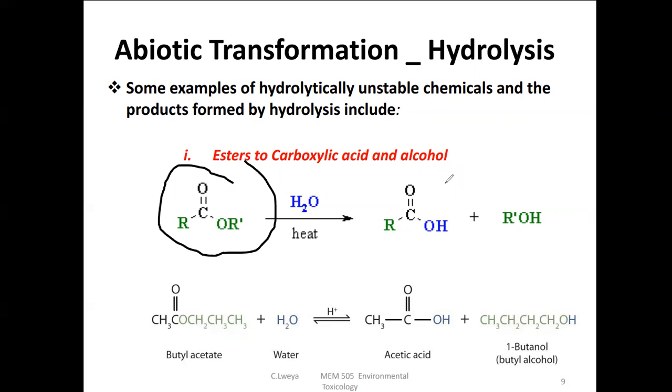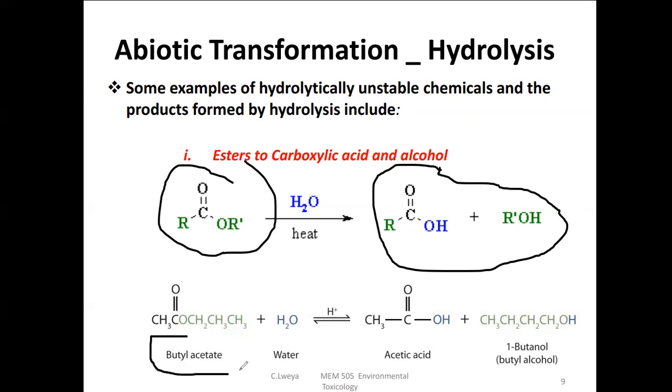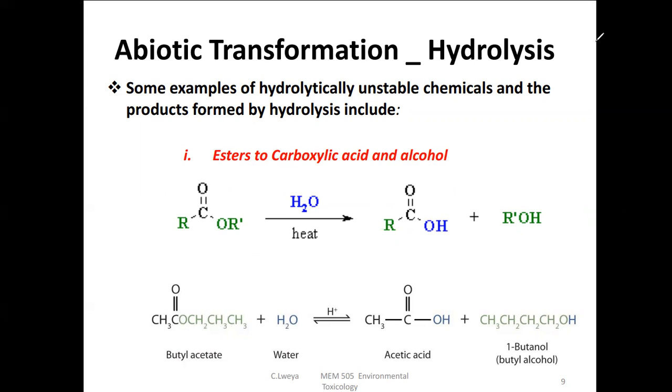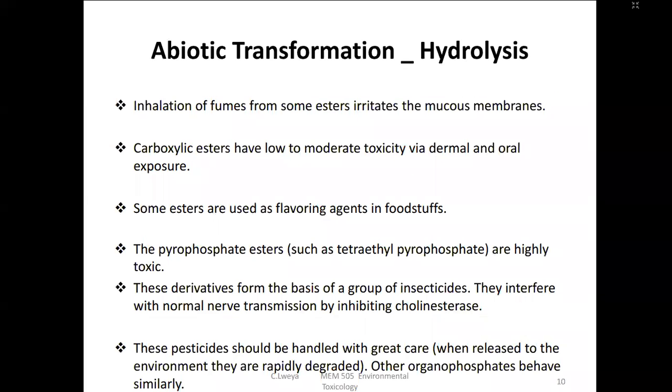And the products that are formed are less toxic metabolite pollutants. An example of an ester is butyl acetate, so it's an important component here. If you want to be more specific, just tell them even the products that are formed.